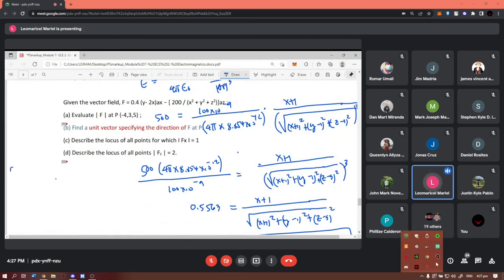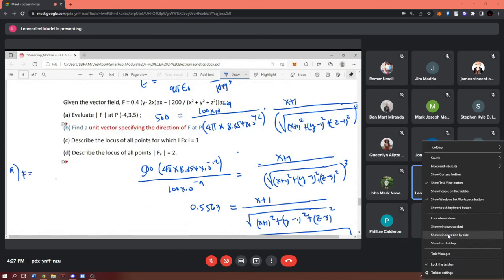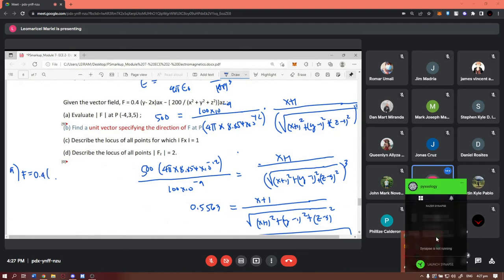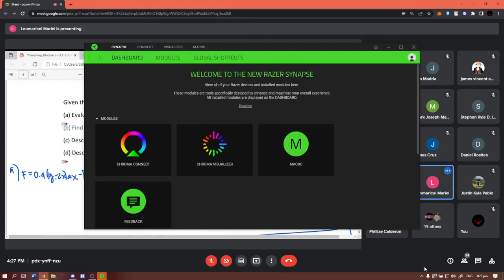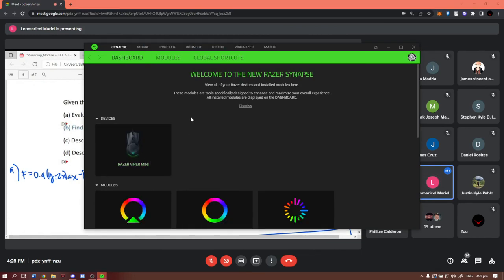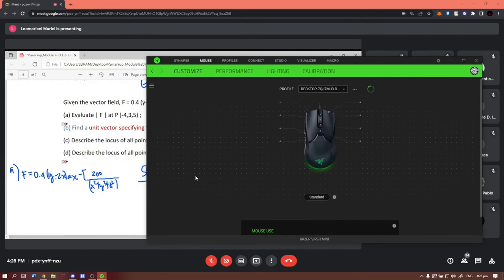Okay. For letter A, vector field. So, ang given function natin will be equals to 0.4, that is y minus 2x ax minus quantity 200 divide x squared plus y squared plus c squared, and that would be az.